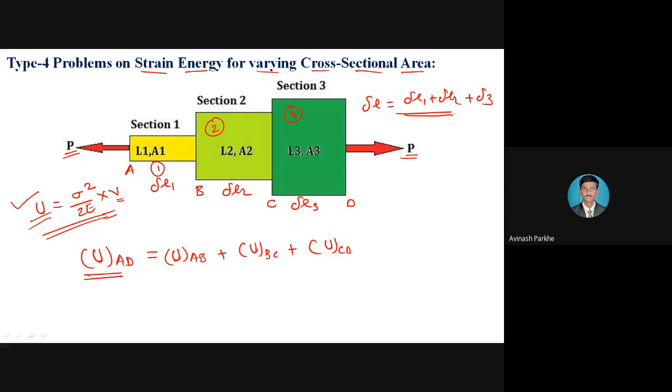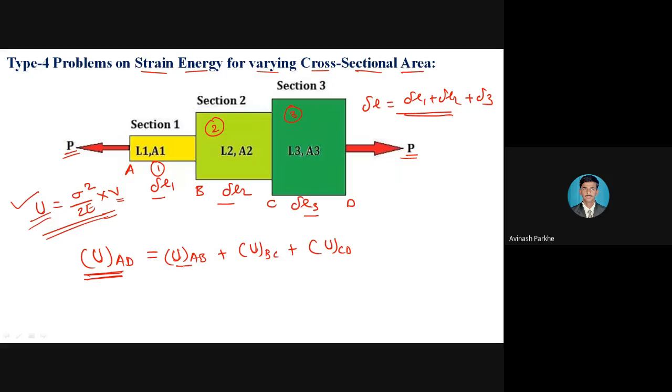This formula I used for the total elongation calculation. Similarly, in the strain energy calculation, to calculate the total strain energy stored in the bar AD, I have to add the strain energy stored in section number 1, section number 2 and section number 3.